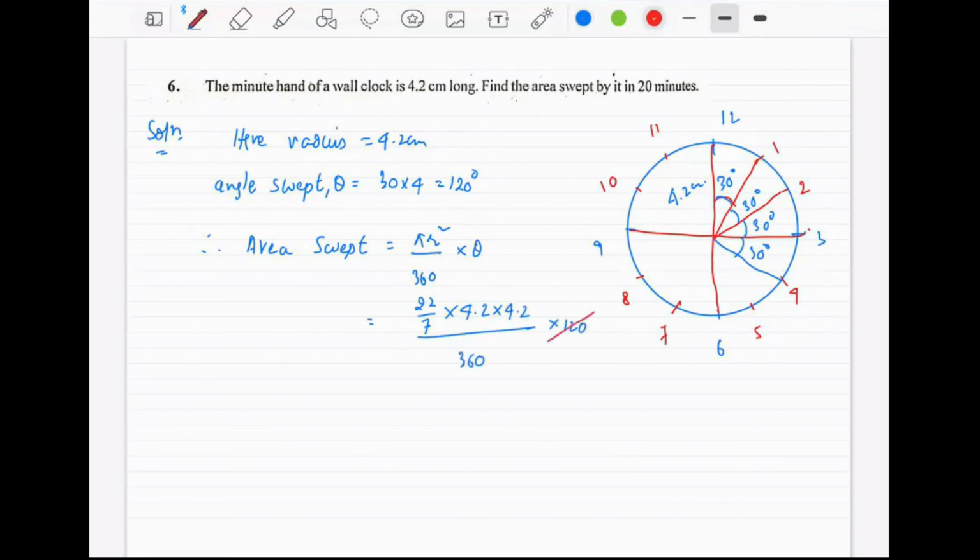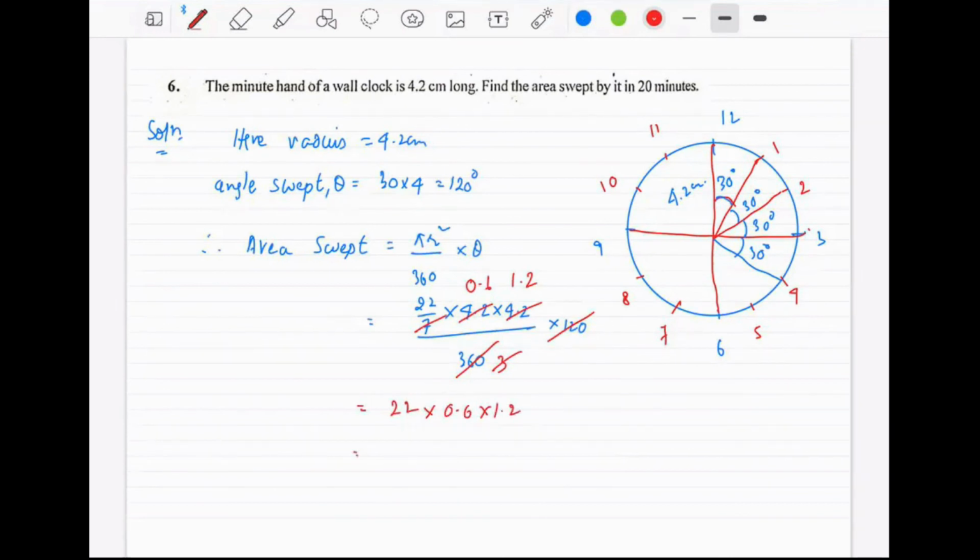You can cancel this 120 and 360. There is a 3 remaining. 7 and 4.2, you can cancel them. 7 sixes are 42. But since there is a 0.2 in there, you have to put 0.6. You can cancel 3 and 4.2 also. 3 ones are 3, 3 fours are 12. But there is 1.2 because of the decimal point. Now you put down the remaining 22, 0.6, 1.2.